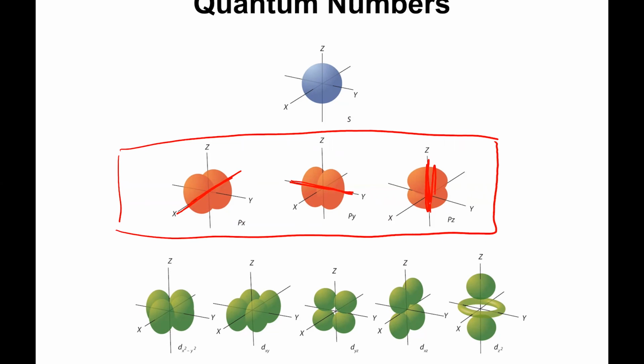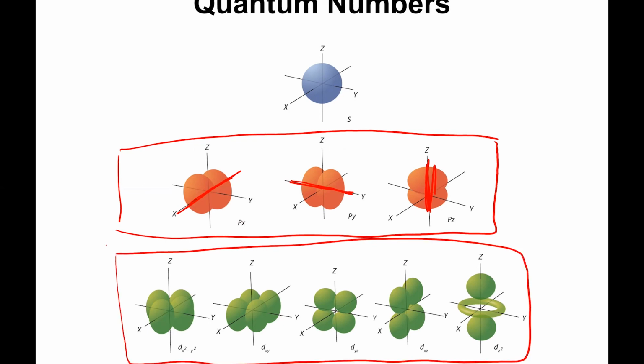So based on this, you could guess how many of our m numbers we have for d orbitals. You can see the directionality of the d orbitals here is shown as having 1, 2, 3, 4, 5 different options. 5 different directions.